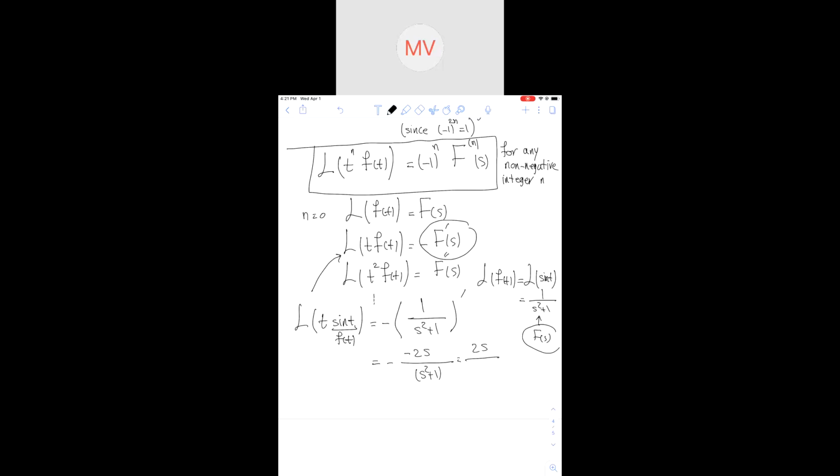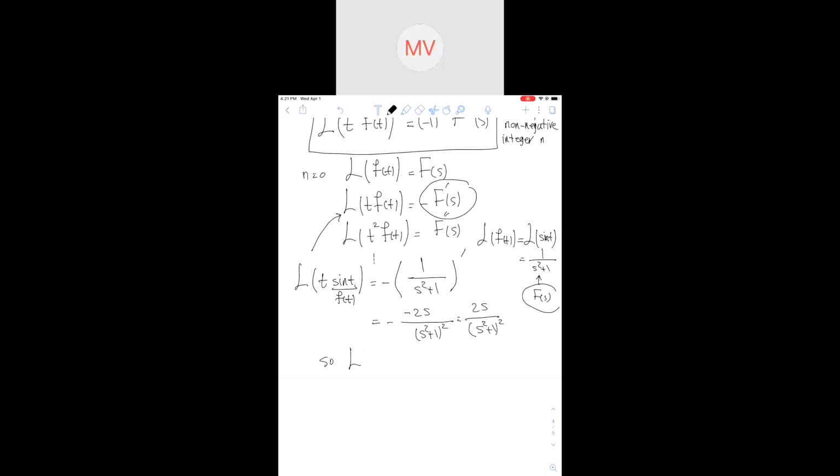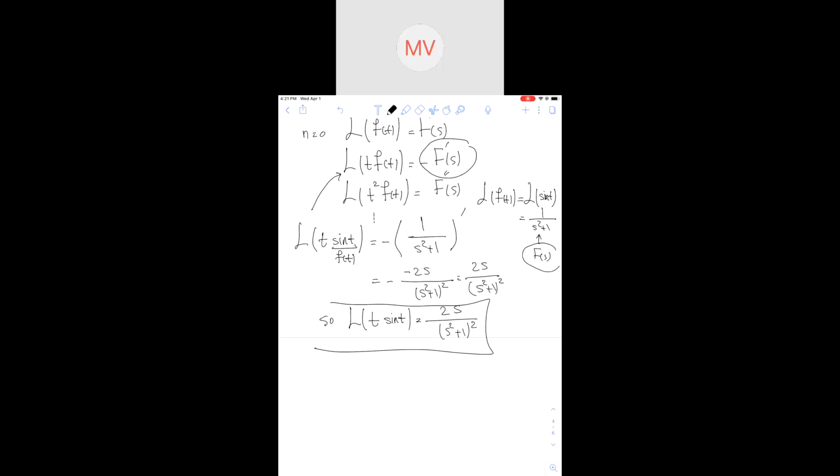So finally it's 2s over s squared plus 1, squared. So it's that guy right there. So the Laplace of t sine t is 2s over s squared plus 1 squared. Okay.